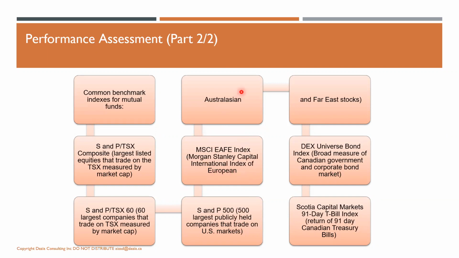Then, of course, there's Australian, there's Far Eastern, and there's DEX, which is the bond index. This is the type of bond index which shows how bonds go up or down. And then there's another one, the Scotia Capital Markets 91 T-bill index. So you have to select the right benchmark, or it will be given in the mutual fund which one they're comparing the returns with. Clear?